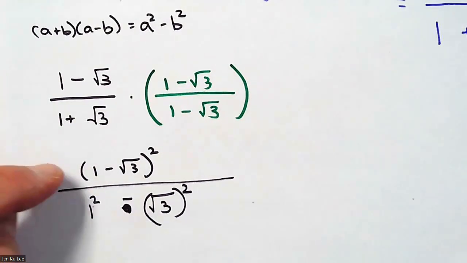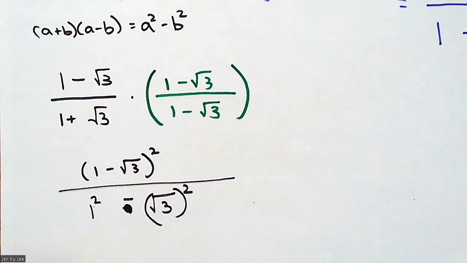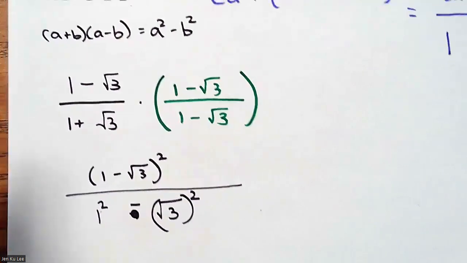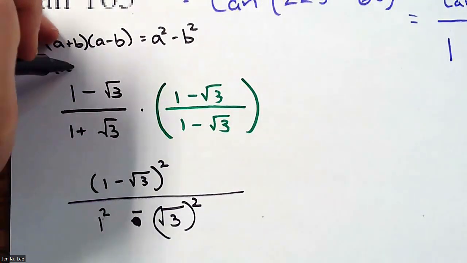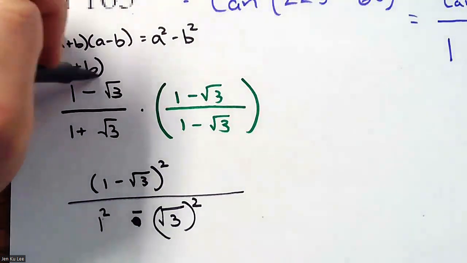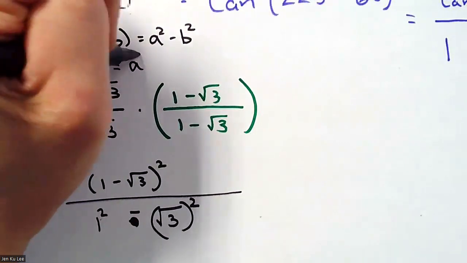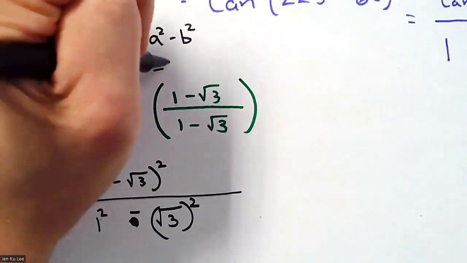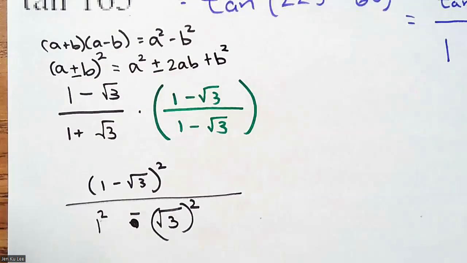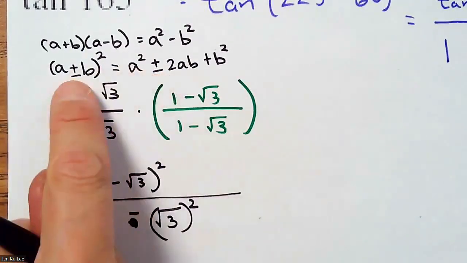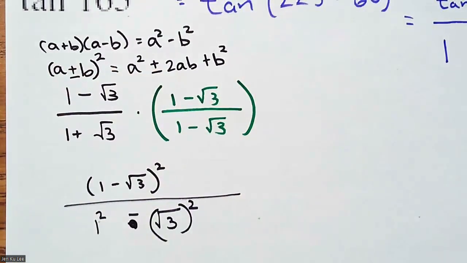Do you guys remember that formula to quickly multiply that out? If you guys don't know, I'll write it up here. A plus or minus b quantity squared equals a squared plus or minus 2ab plus b squared. If that's a plus, that's a plus. If that's a minus, that's a minus.